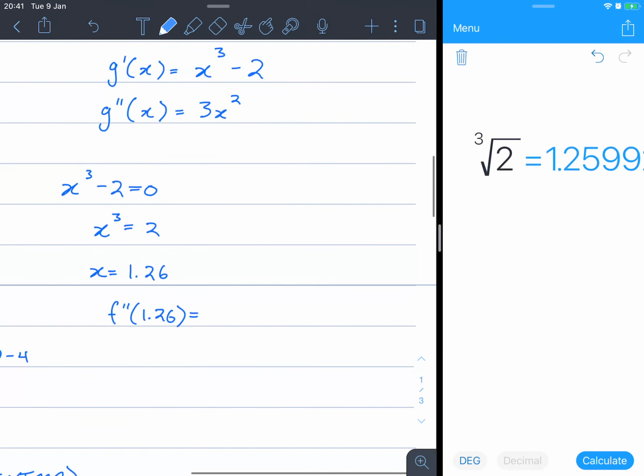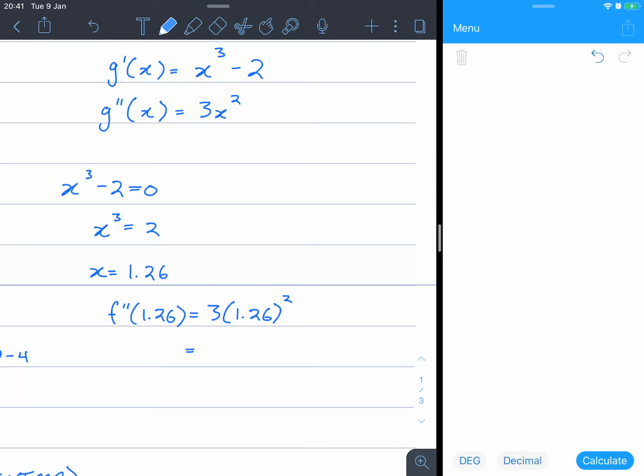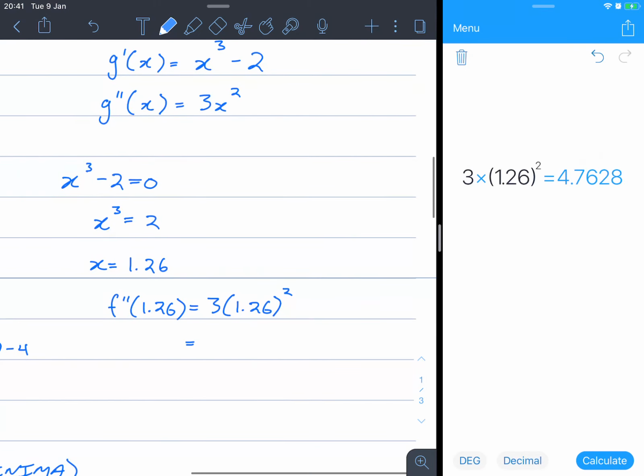But let's substitute it anyway. So that's 3 times 1.26 squared. That's 4.76 approximately, which is greater than 0.